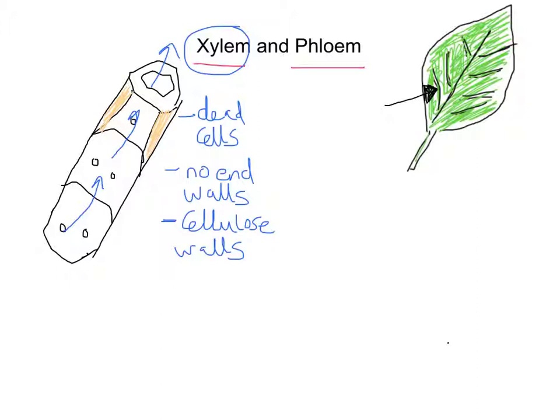Let's contrast them with phloem. So we're just going to draw what phloem looks like. Again, very rough sketch. Not the best by any means, but I'm going to have a shot at it.